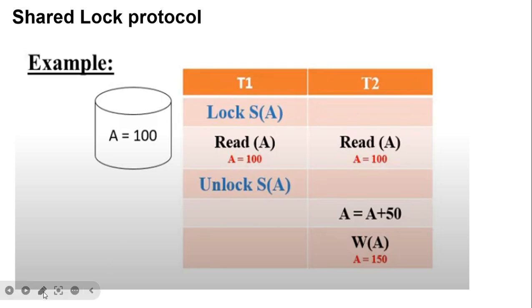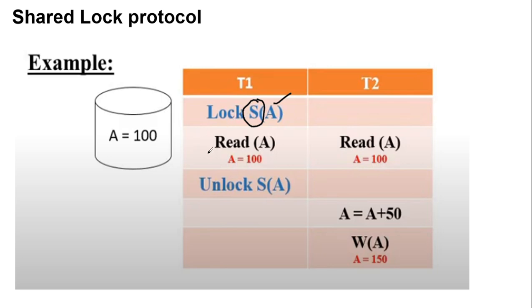In transaction 1 we see lock S of A. From this statement you should understand that A is my data, and the data A is under a shared lock, where S represents shared lock.